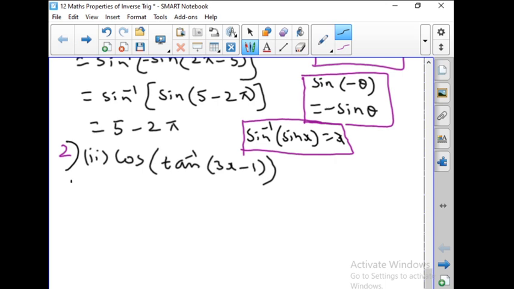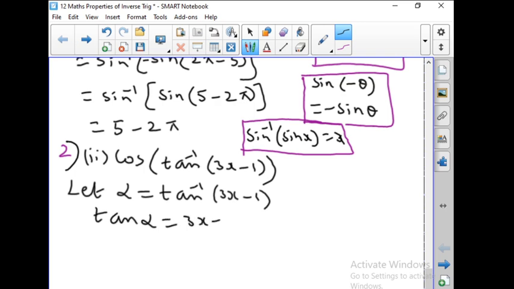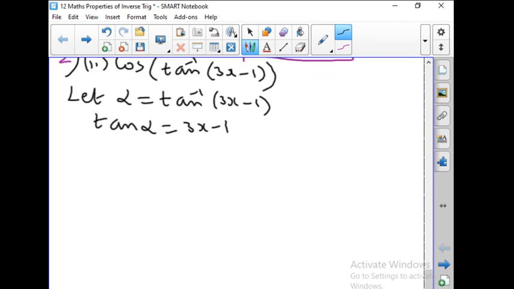Here let alpha be equal to tan inverse of 3x minus 1. So what is tan alpha? Tan alpha is equal to 3x minus 1, so 3x minus 1 means it is over 1.